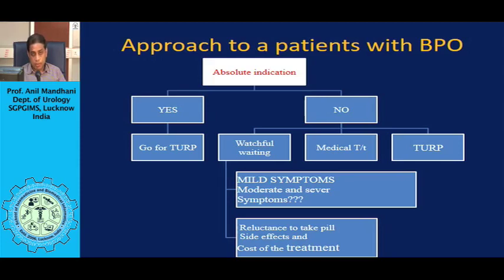His bladder is full and he is just passing 20, 30 or 40 ml of urine, and again 40 ml of urine is formed and fills up the bladder, then he has to go again. So this is called an overflow problem. That may present with frequency, and if you don't examine, you may miss the palpable bladder.